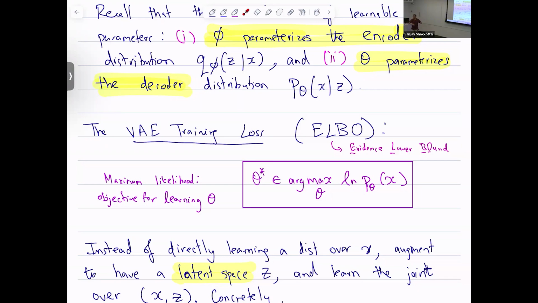One, to find a Z, which is a compressed version of X. And 2, in that latent space, we will use another VAE, quote unquote, to actually generate samples in that latent VAE space. You could, it depends what you want to do there. So you could use VAEs in multiple ways.